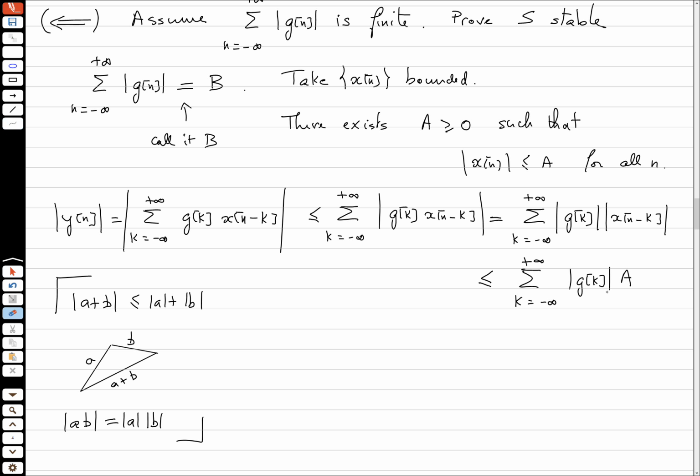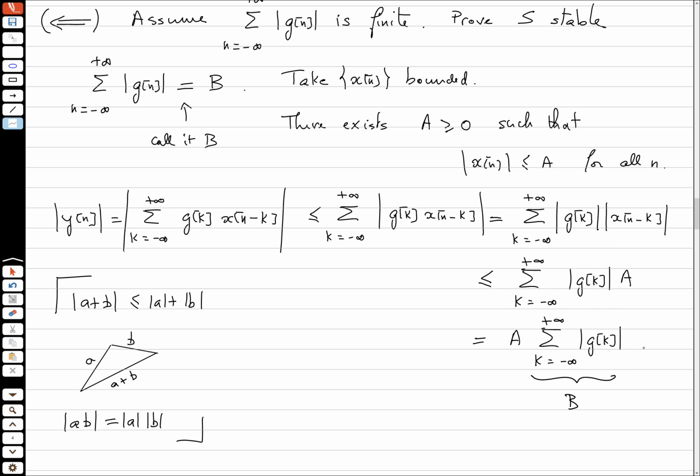All right. But now we do a sum, but A no longer depends on k. So what do you do? You can factor it out, right? But that is what?